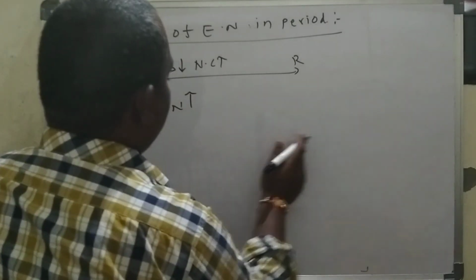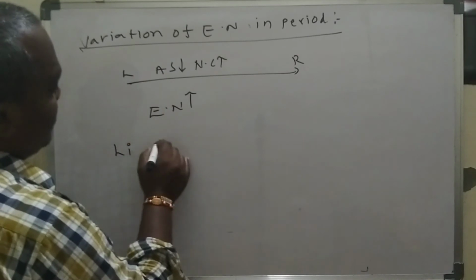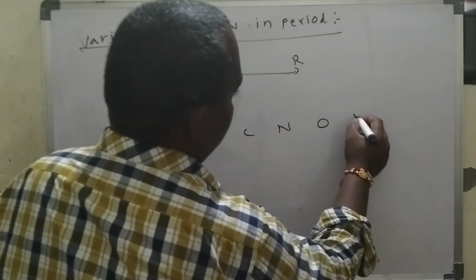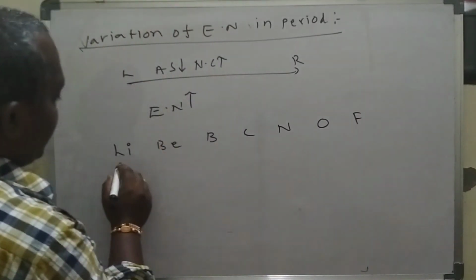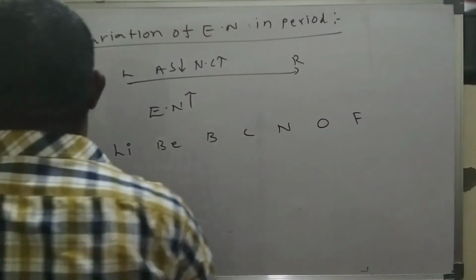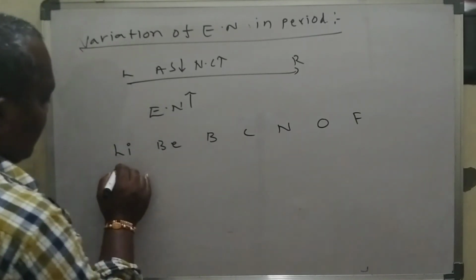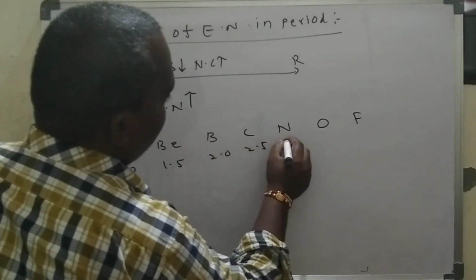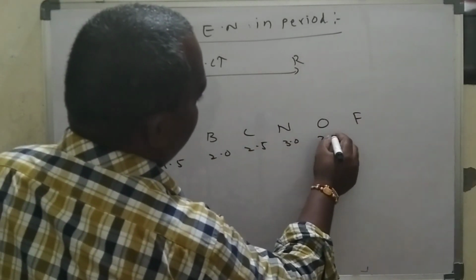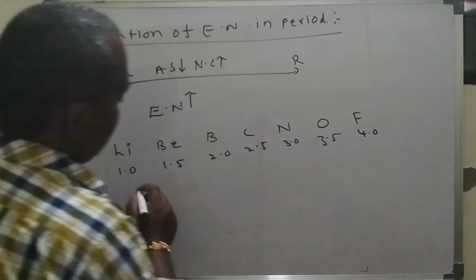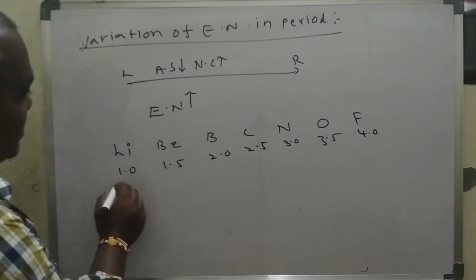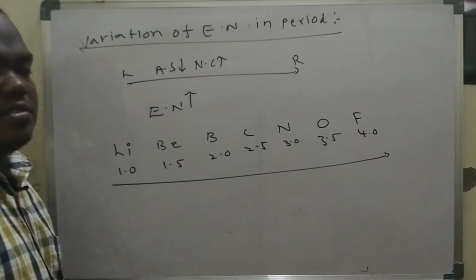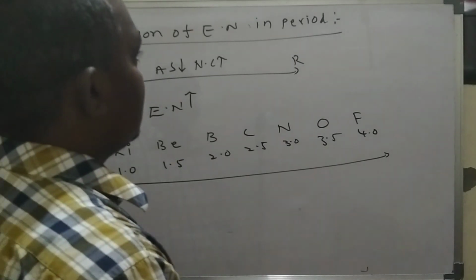Let me take that period: lithium, beryllium, boron, carbon, nitrogen, oxygen, fluorine. Lithium has an electronegativity value of 1.0, then 1.5, 2.0, 2.5, 3.0, 3.5 and 4.0. These are the electronegativity values. If you see, when moving from left to right, the electronegativity values increase.